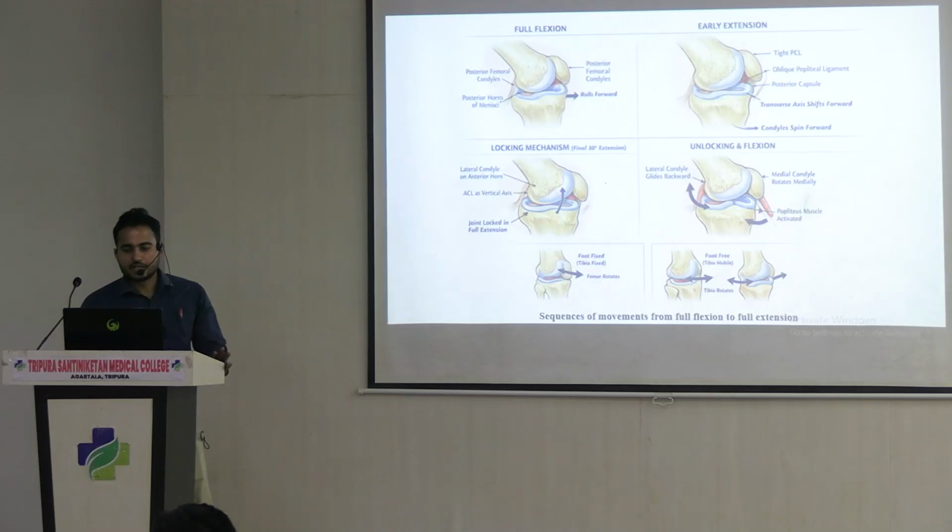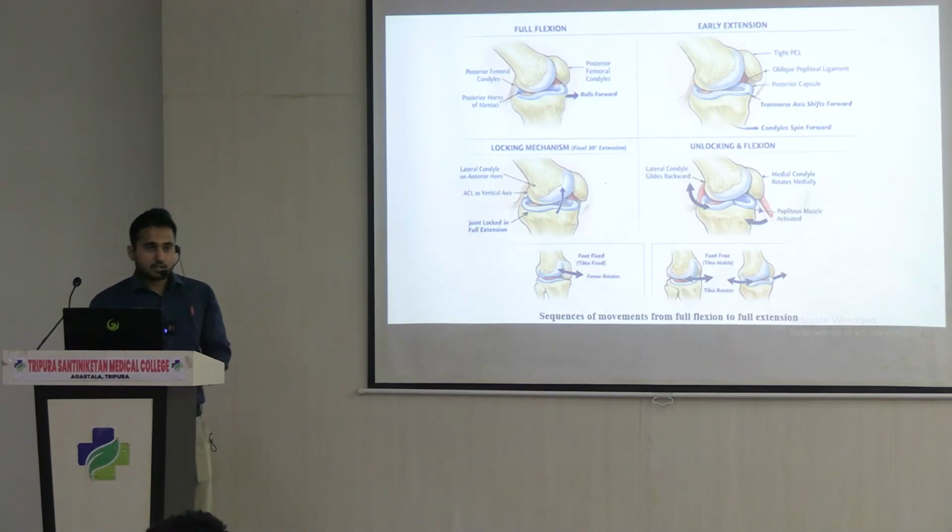The flexion begins by unlocking. Now, how is the unlocking taking place? By the lateral rotation of the medial femoral condyle. In both the cases, the medial femoral condyle is only rotating. Okay. In case of locking, it is rotated medially. In case of unlocking, it is rotated laterally. And that is done by the popliteus muscle.